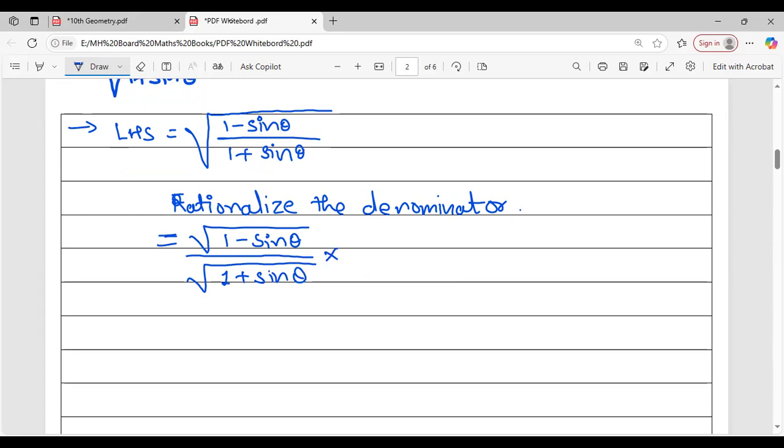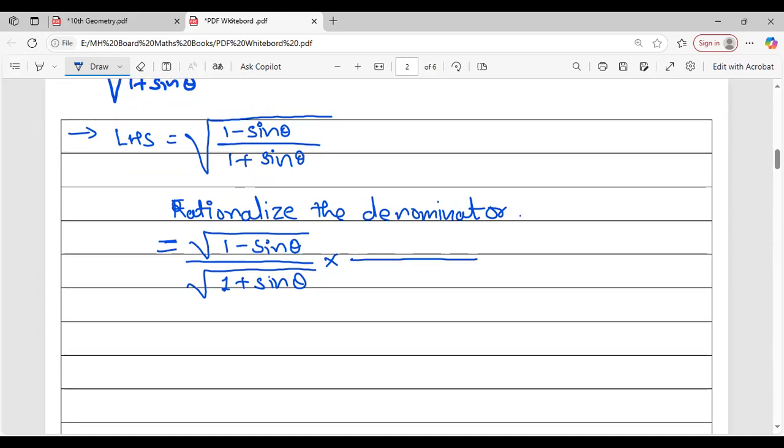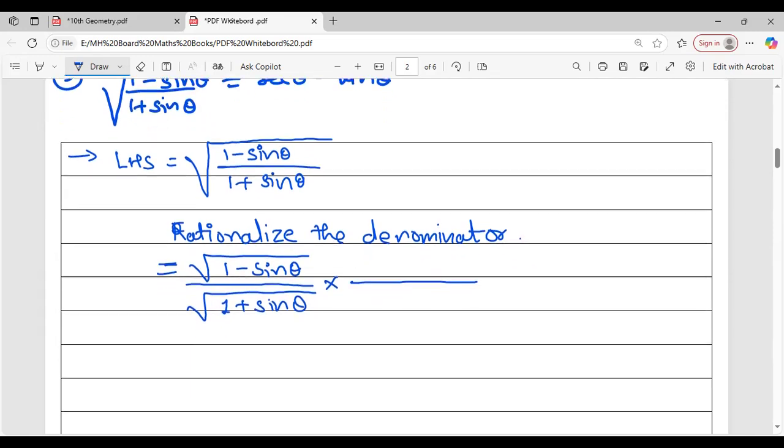Now, to rationalize, what we do is we change the sign of the denominator. So it is 1 minus sine theta, and here also there will be 1 minus sine theta.